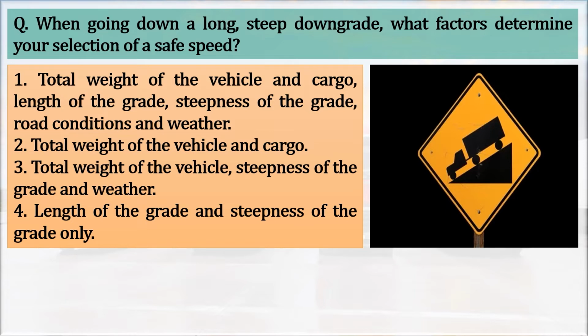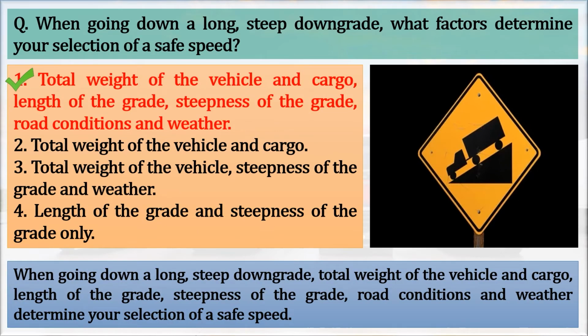Option number 3, total weight of the vehicle, steepness of the grade and weather. Option number 4, length of the grade and steepness of the grade only. The answer is option number 1, total weight of the vehicle and cargo, length of the grade, steepness of the grade, road conditions and weather.